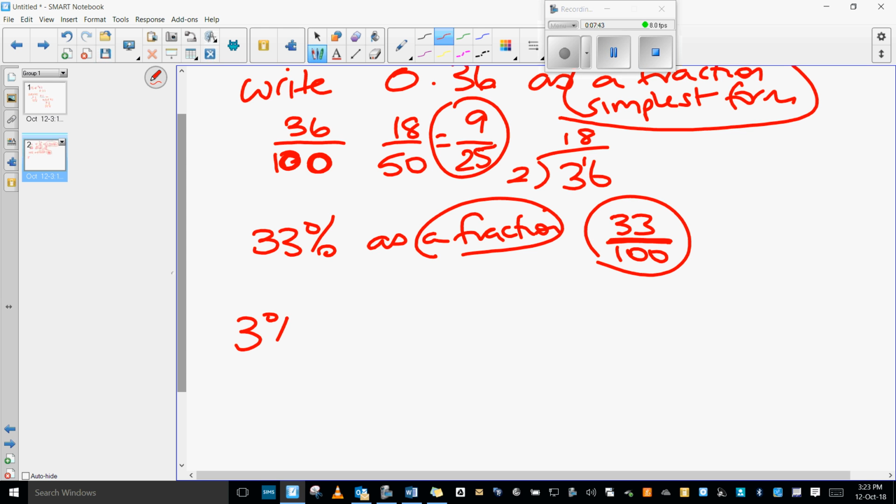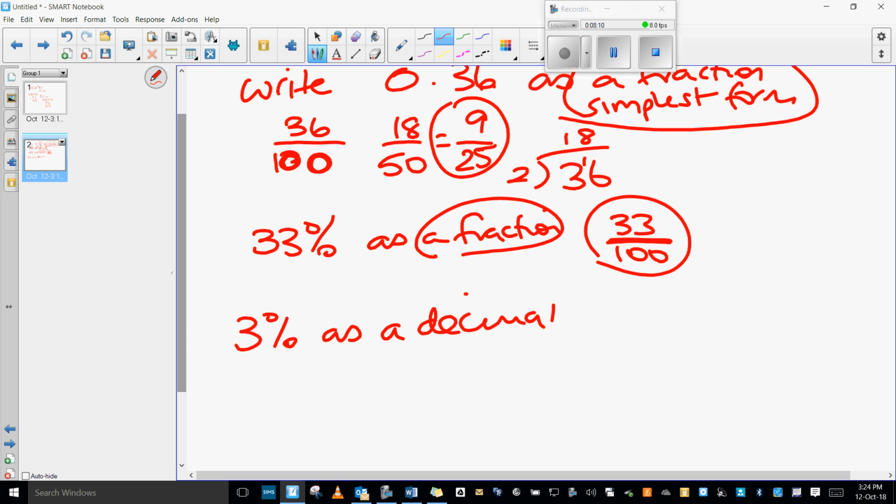What if I had 3% as a decimal? What would I write as 3% as a decimal? How do you change percentages to decimals? Do you remember? You're going to have to do this next week, so you need to get it fresh in your mind.